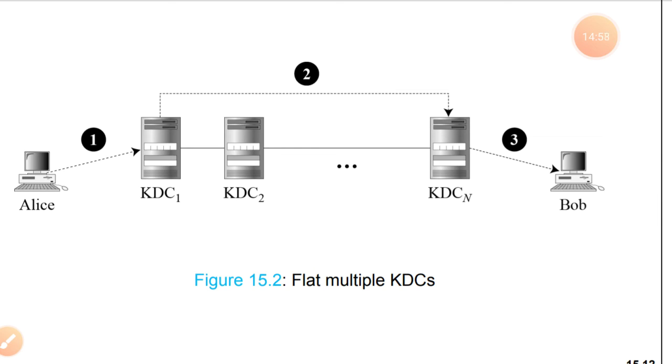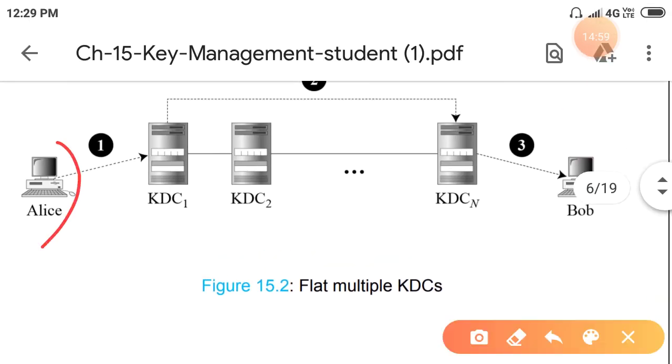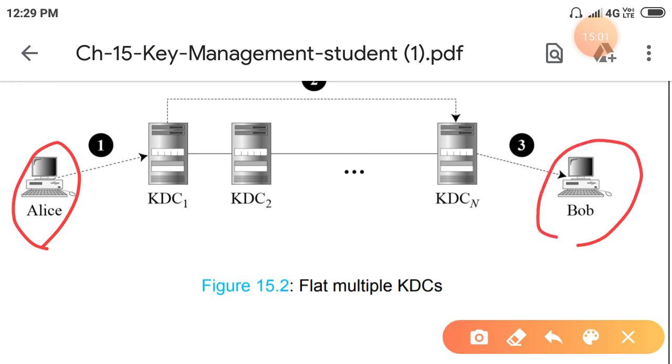Like, Alice is one domain, Bob is one domain. Now when A wants to communicate, first he sends a request to the nearest KDC. Then in turn it communicates with the other, and the session is created between A and B. This is a flat multiple KDC.